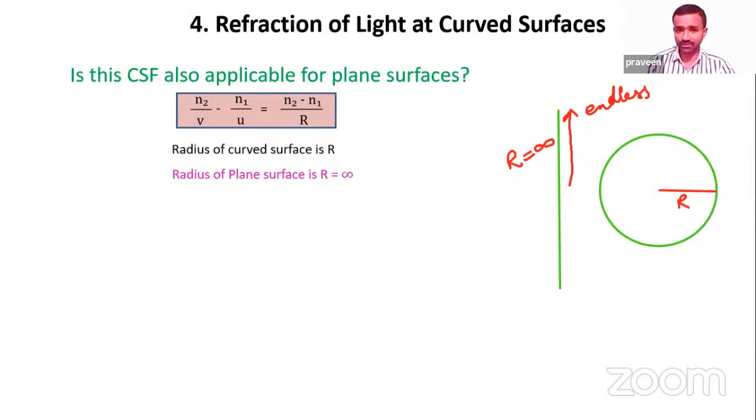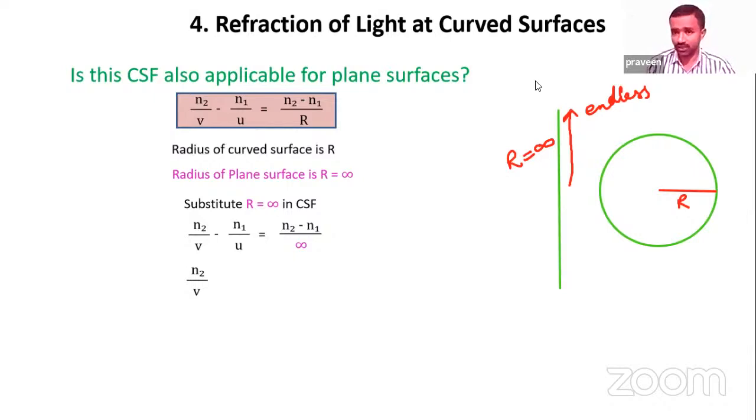Then substitute r equal to infinity in the curved surface formula. What will you get? n2 by v minus n1 by u is equal to n2 minus n1 by infinity. Now, what is 1 by infinity?